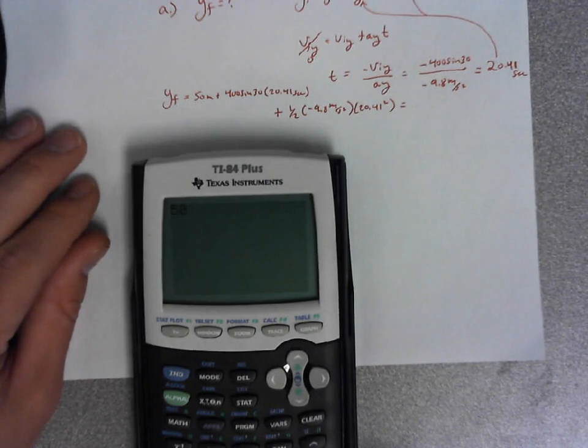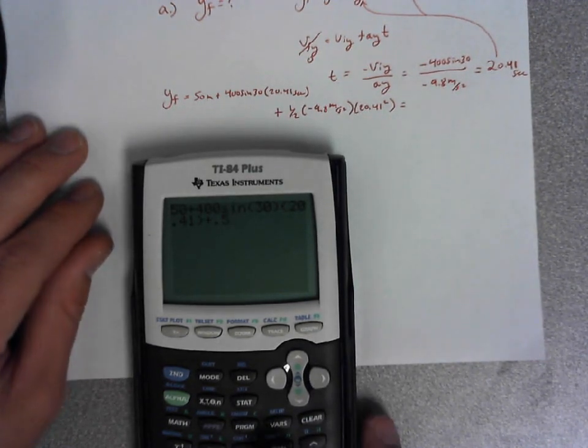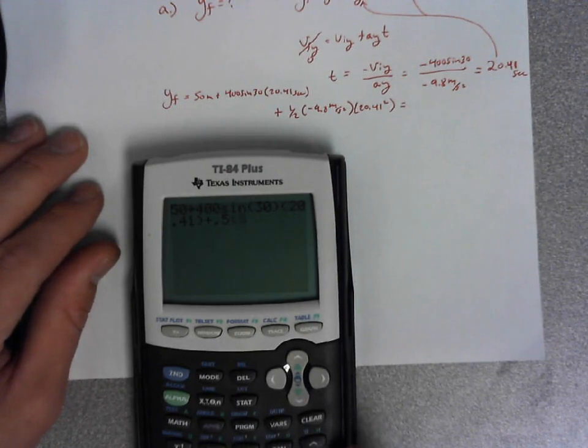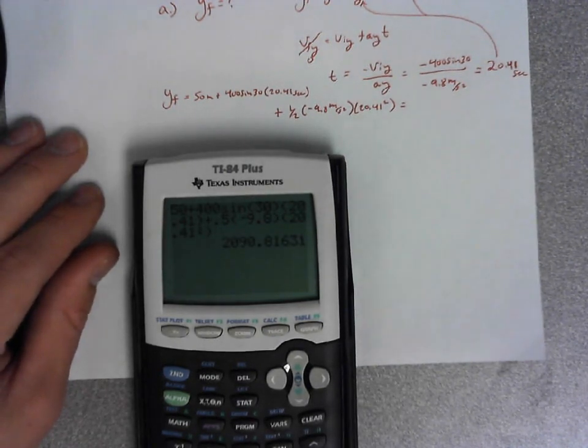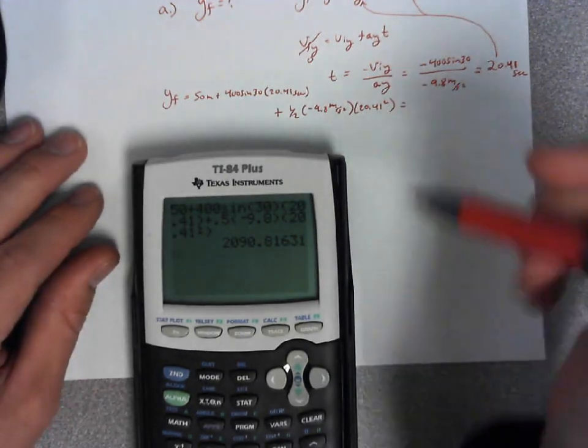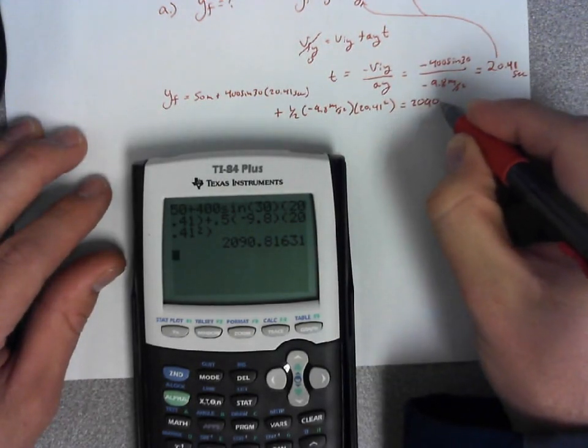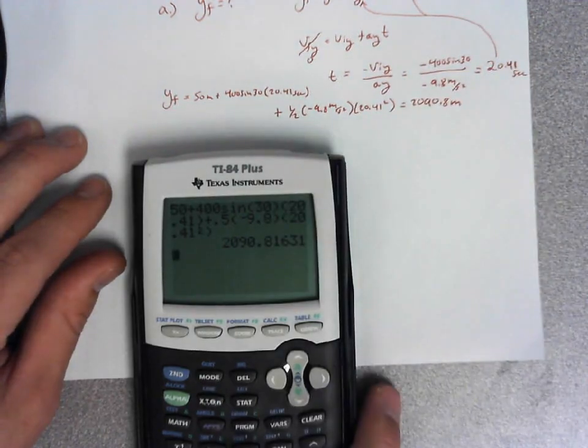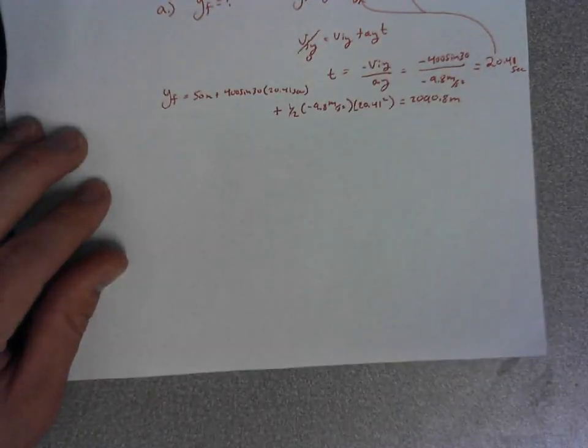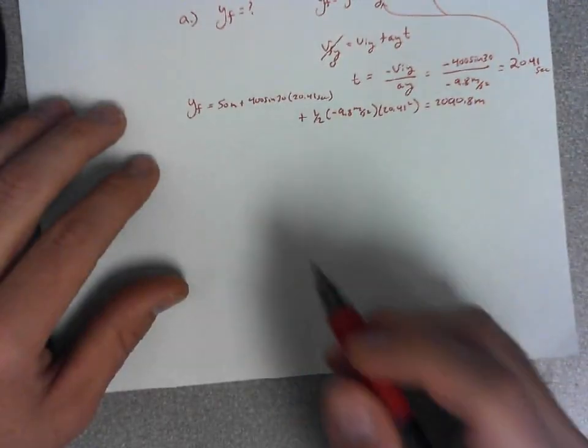So you're going to go 50 plus 400 sine 30 times 20.41 in parentheses, plus 0.5, which I use for 1/2 because that's just easier for me, times negative 9.8 times 20.41, and then square that. And you get 2,090.8 meters.